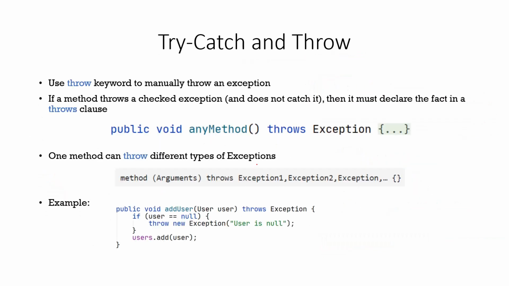So next is throw. Throw allows us to handle methods with errors. For example, the throw keyword allows us to manually throw an exception. When we want to handle a method with an exception, we declare a method.